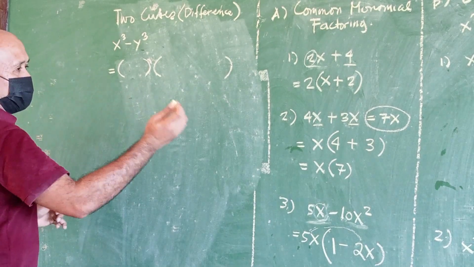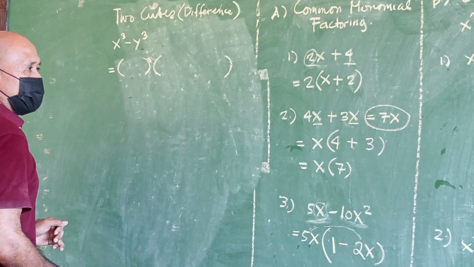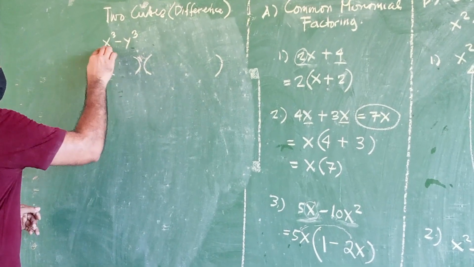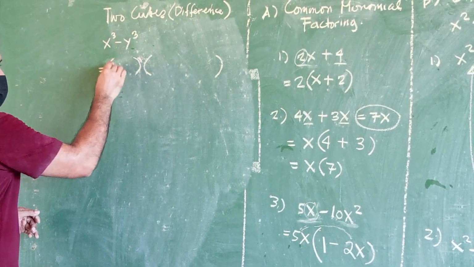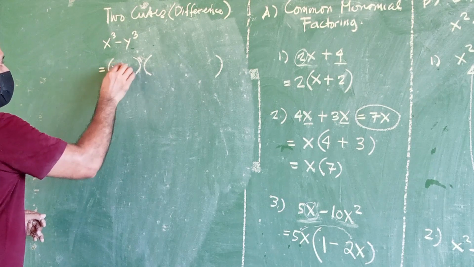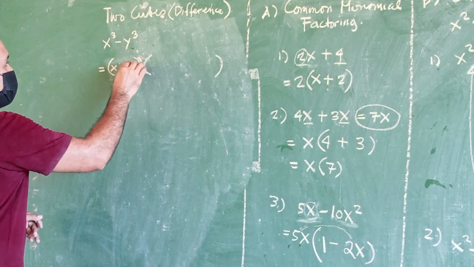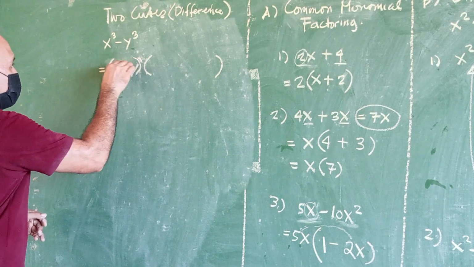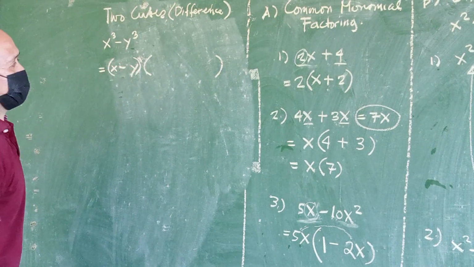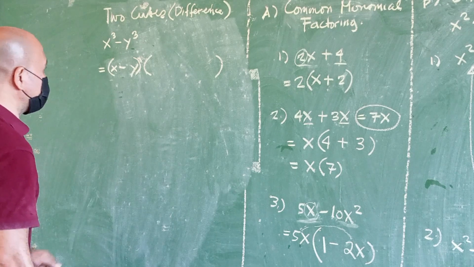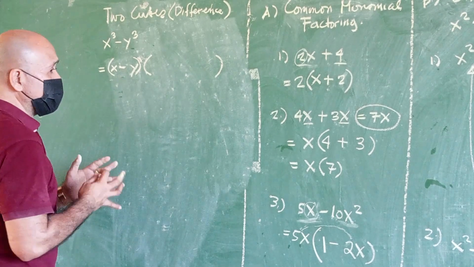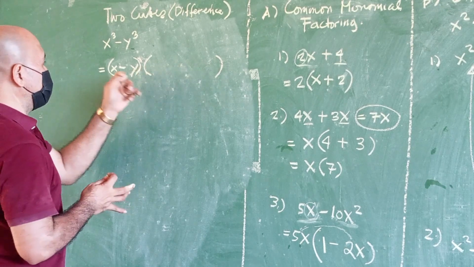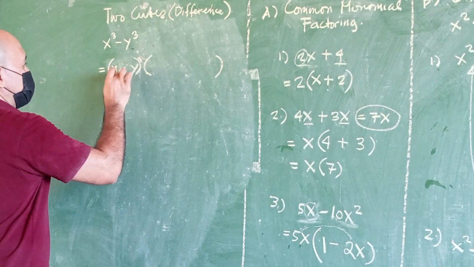If you are able to master the technique in sum of 2 cubes, just again use the cube root of x cubed, that is x, and the cube root of y cubed, that is y. And then use the original operation. Then after that, you can also get the first term and the last term by doing this process.